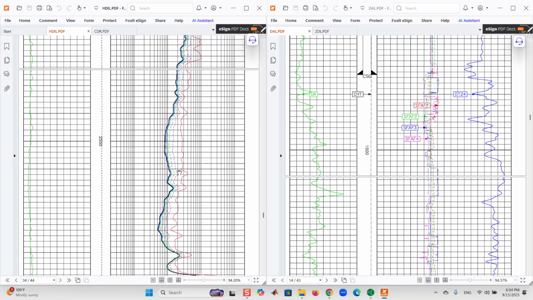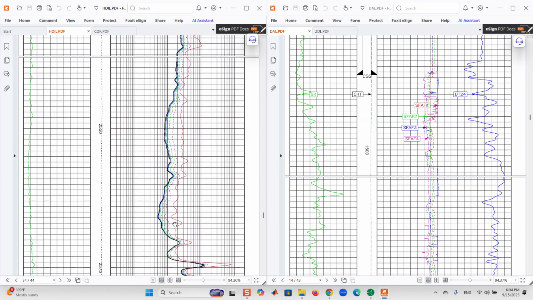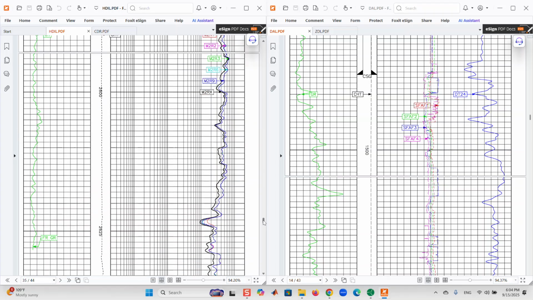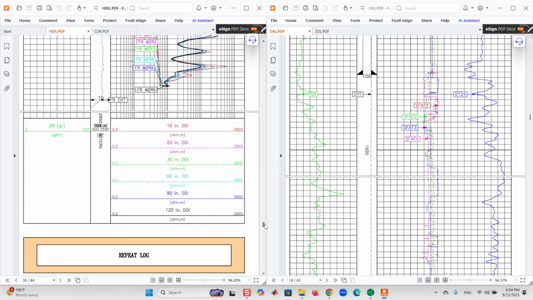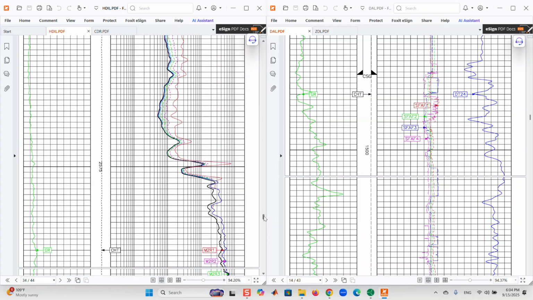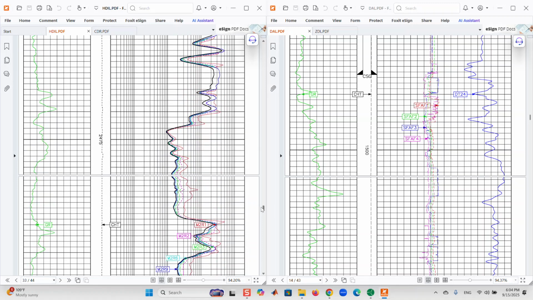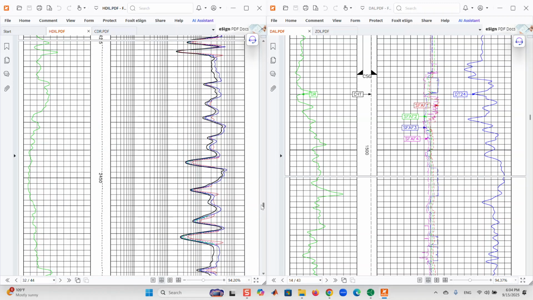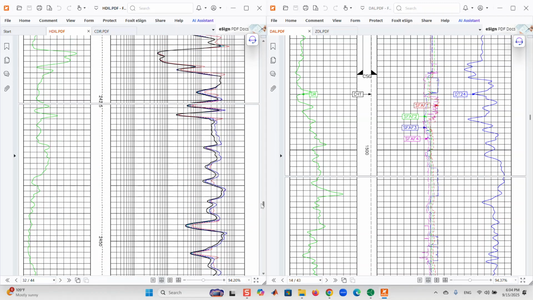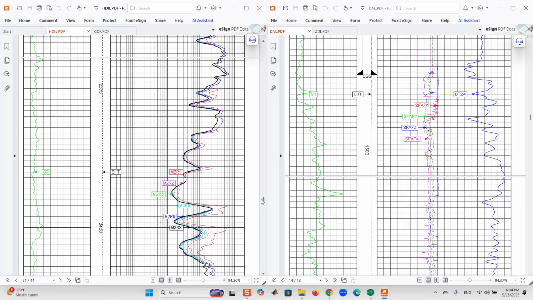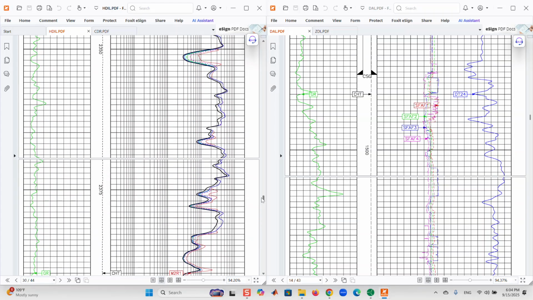The same as above, high separations can be seen here. When the separation is very low and all curves are matched on each other, it can be an indication of low permeability of the layer.